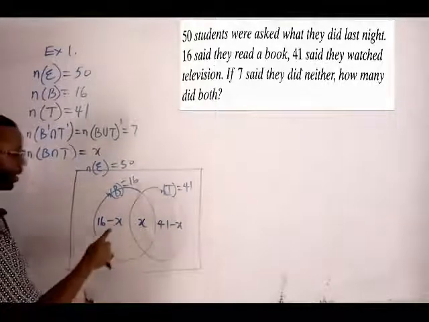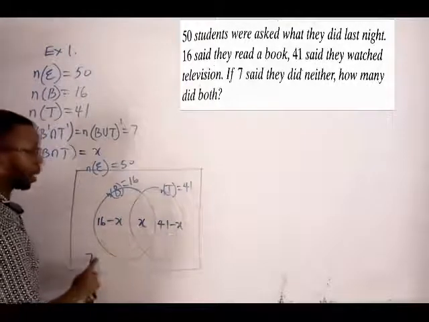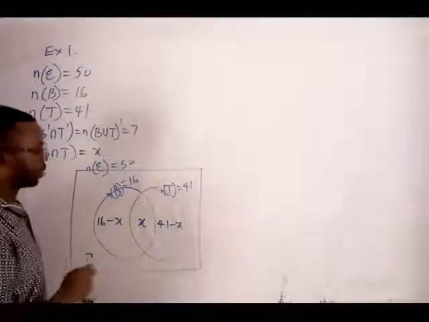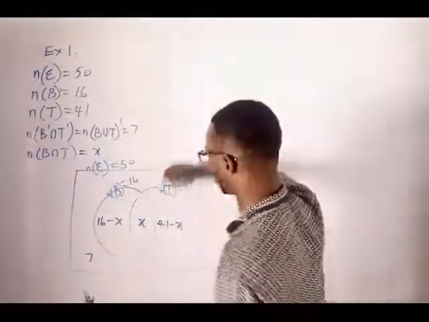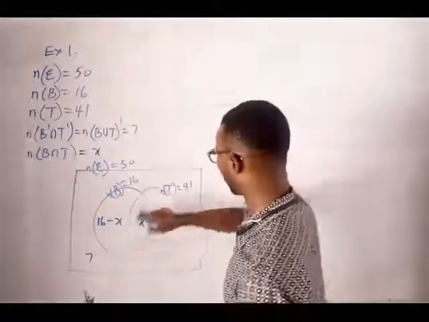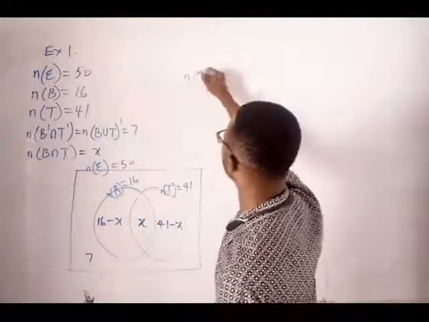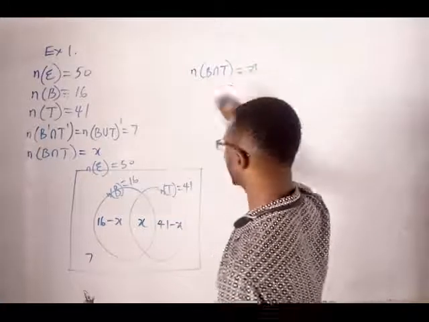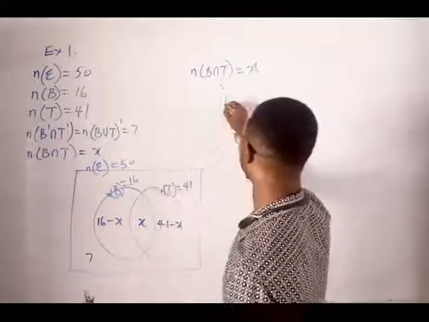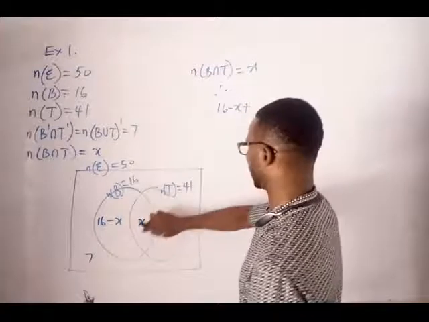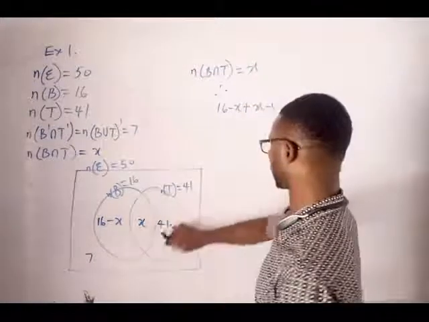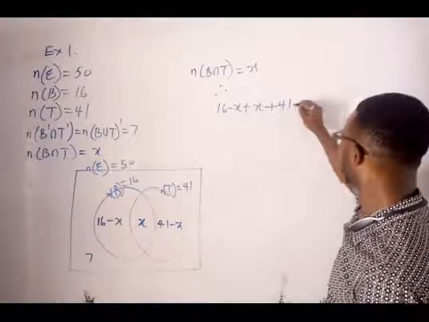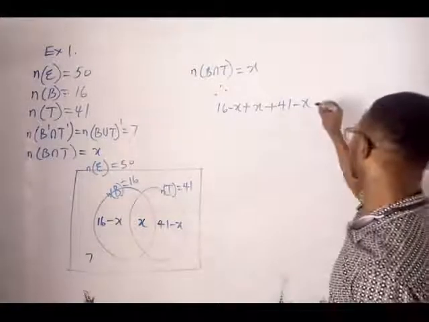If I just add this and this together, being all the compartments I have in this universal set, I should get 50. So in answering the question, what I'm looking for is this, which I have called X. For me to be able to get X, I'm going to add all of this together. 16 minus X plus the X plus 41 minus X and plus the 7.